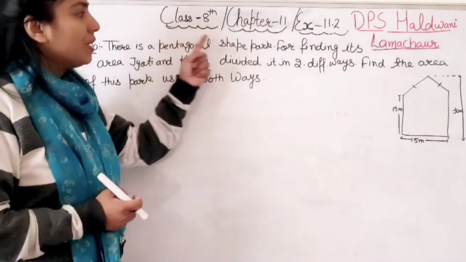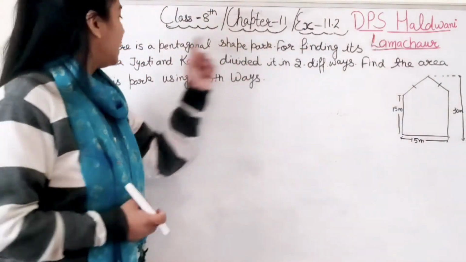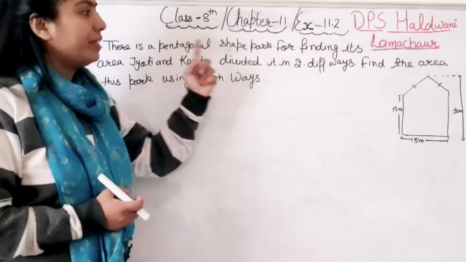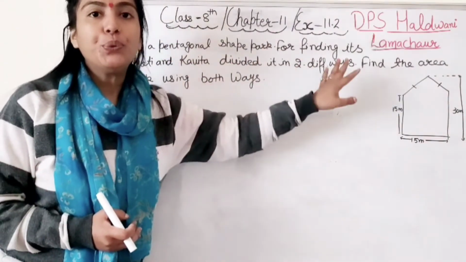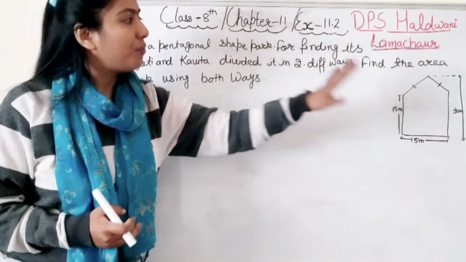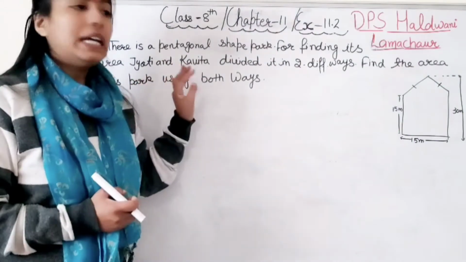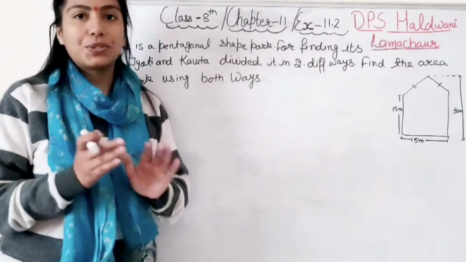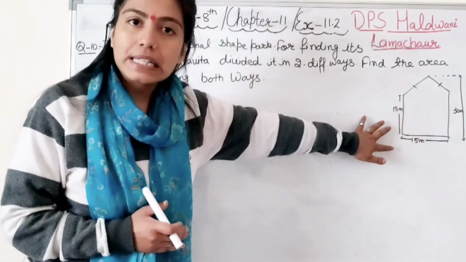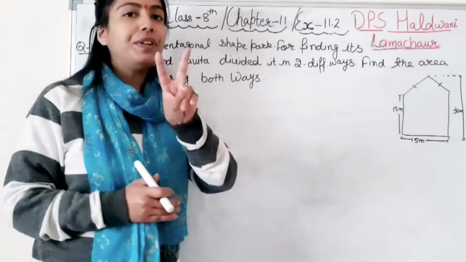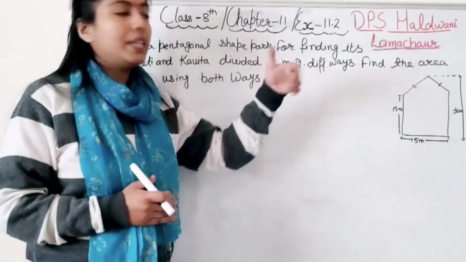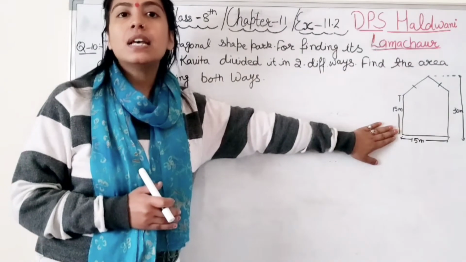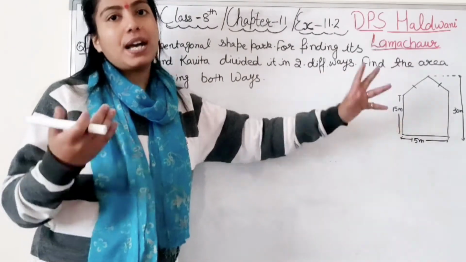There is a pentagonal shaped park. For finding its area, Jyoti and Kavita divided it in 2 different ways, and you have to find out the area of the park in both ways. This pentagonal park is given to you, and 2 different people, Jyoti and Kavita, divided it in 2 different ways. How?